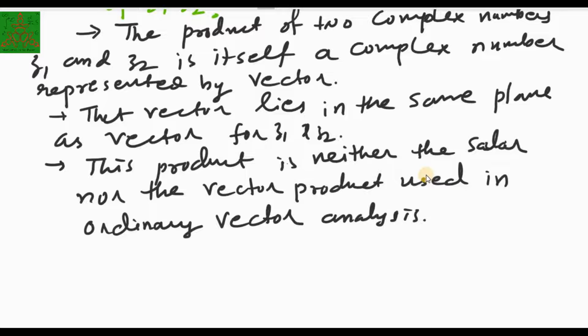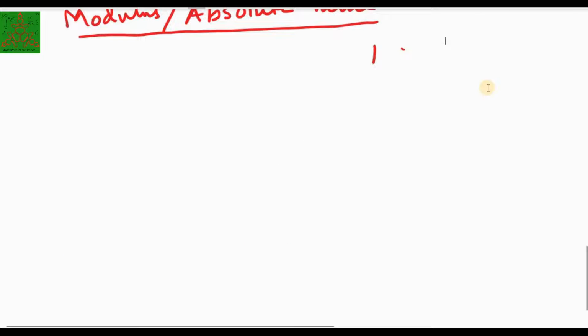After discussing this much geometrical interpretation of vectors, we would like to define the modulus, also known as absolute value. The vector interpretation of complex numbers especially helps in expanding the concept of absolute value of a real number to the complex plane.